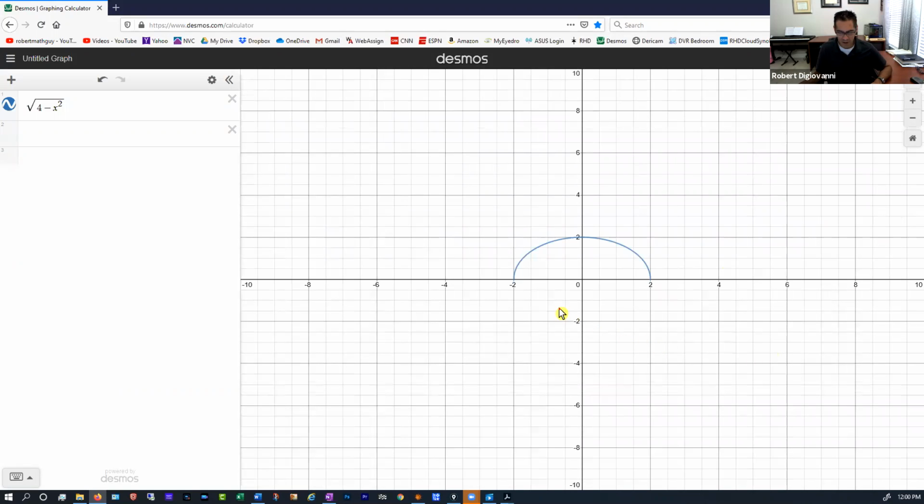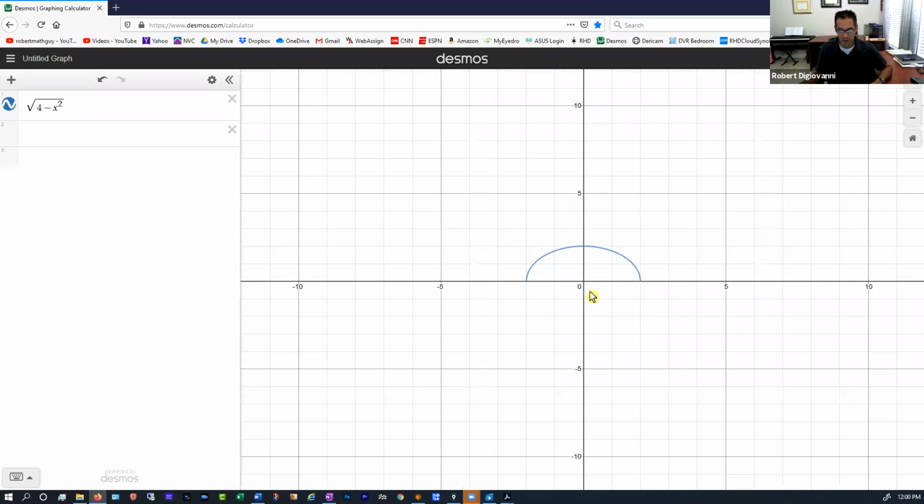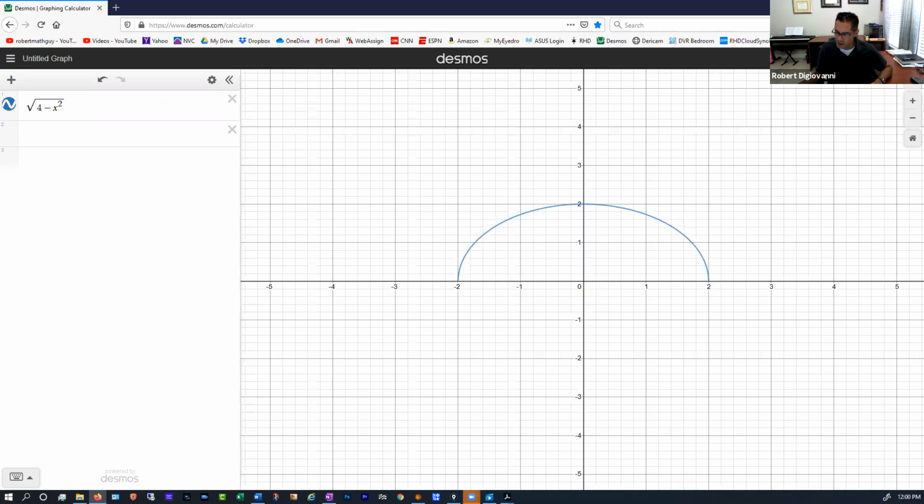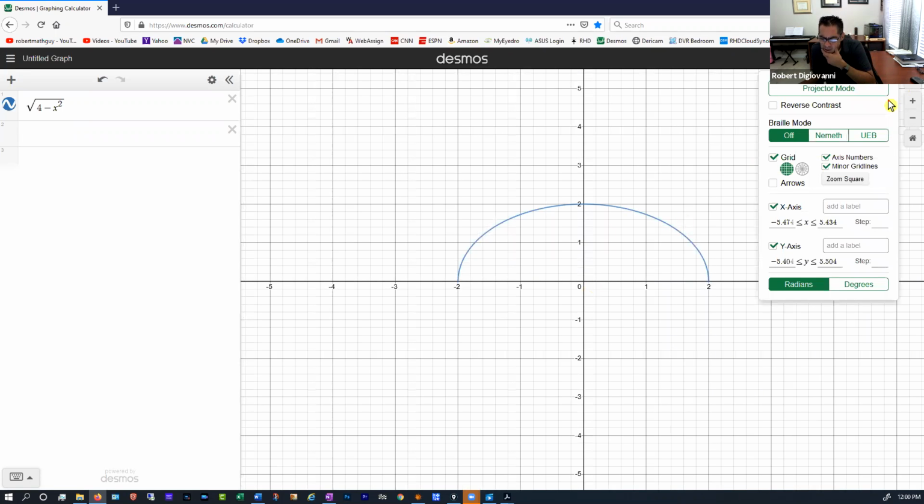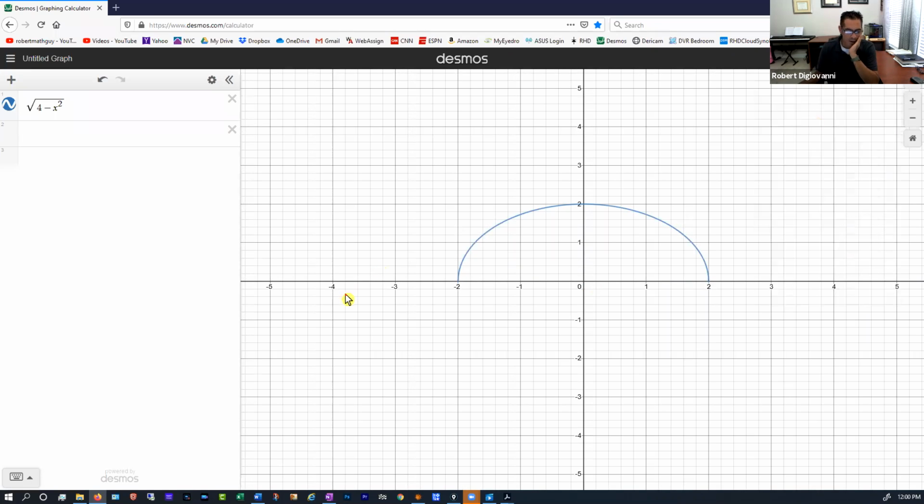Does it look like a circle to you? My proportions are off. All right, well, you'll just have to trust. I mean, you can tell it's 2 up, 2 over, 2 to the left, right? This is a circle. Unfortunately, it's not drawing it to scale. I wonder why. Hold on. See if there's something I can do here. Yeah, it is what it is.